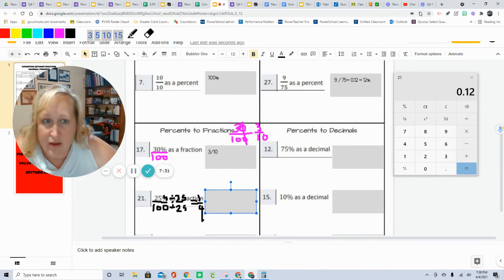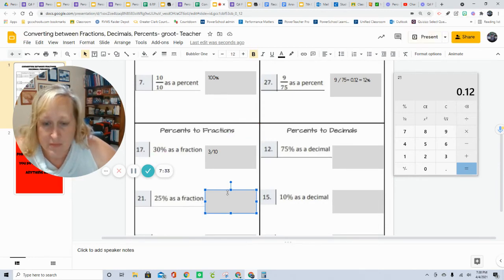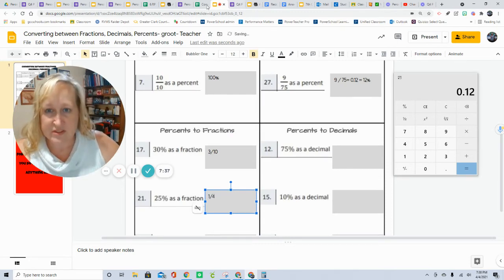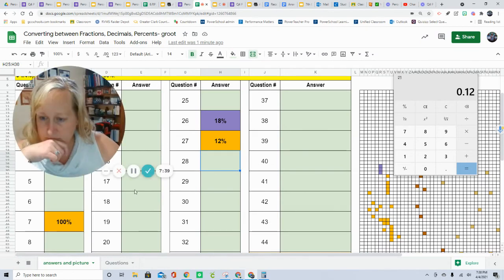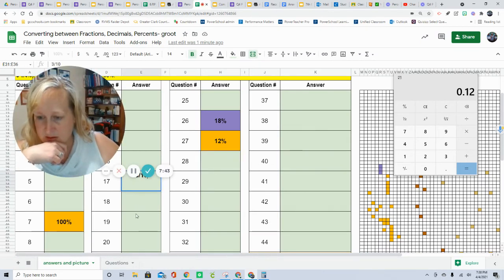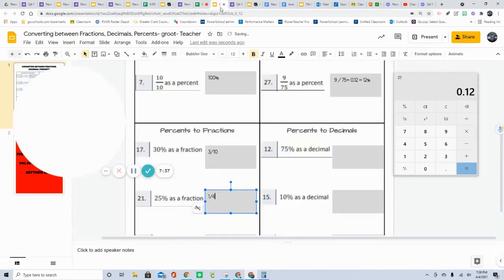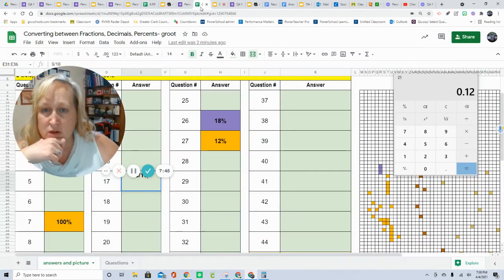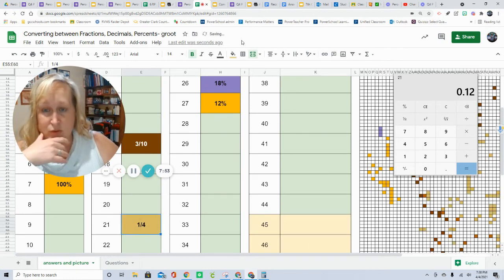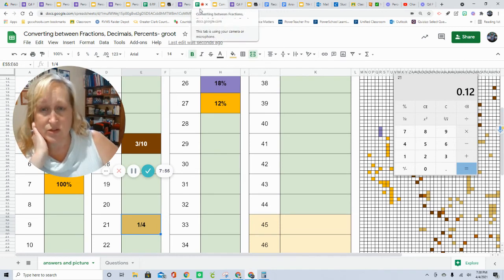So our answer to that one is 1/4. So 3/10 for 17, and 1/4 for 21. And see, you can tell that they're both right because they're changing colors.